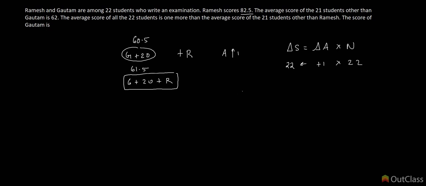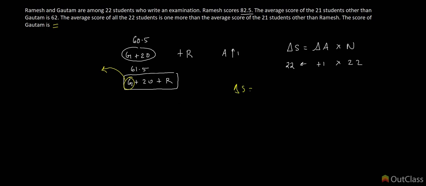Now, from this, if you remove Gautam, the average score of the 21 students other than Gautam is 62. We have an average for the 22 people, which is 61.5. If Gautam leaves the group, the average will rise by half to end up at 62, which means that Gautam was clearly below this average of 61.5. When he leaves, he takes out a value less than 61.5, creating a surplus. How much is that surplus?